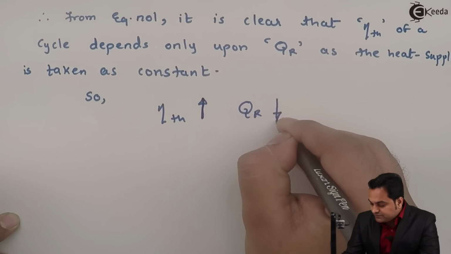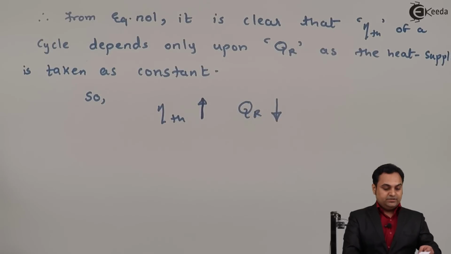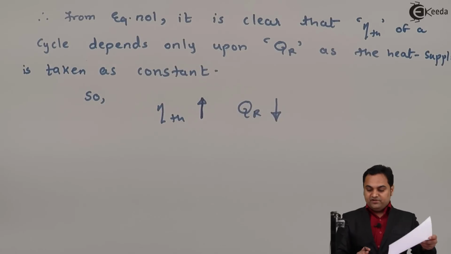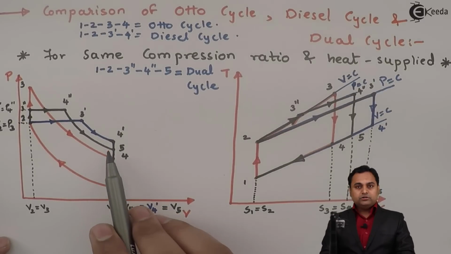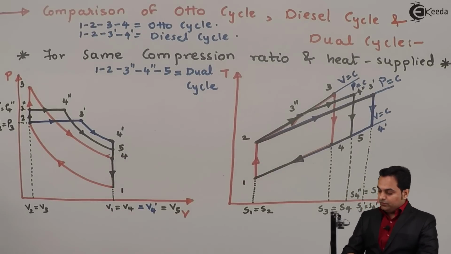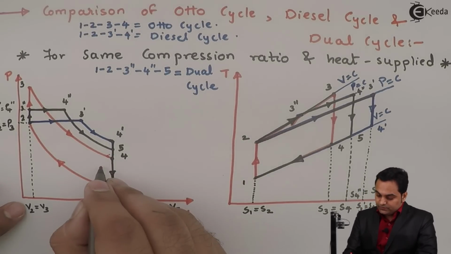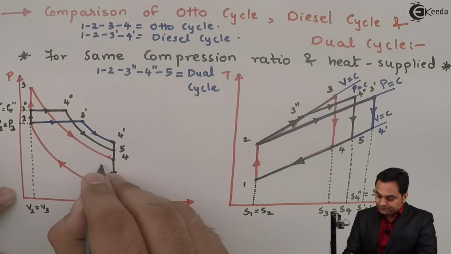should decrease. And how this heat rejected value can decrease, we can see from the PV and TS diagram, that out of all 3 cycles, here the cycle in red which I have shown here, this is the Otto cycle.